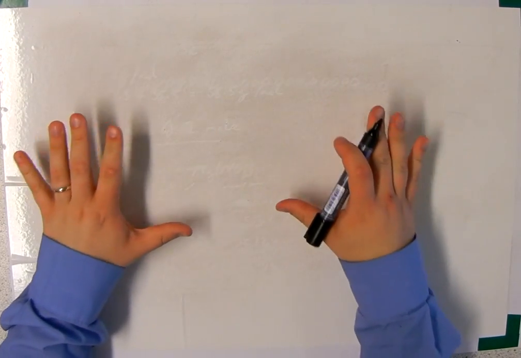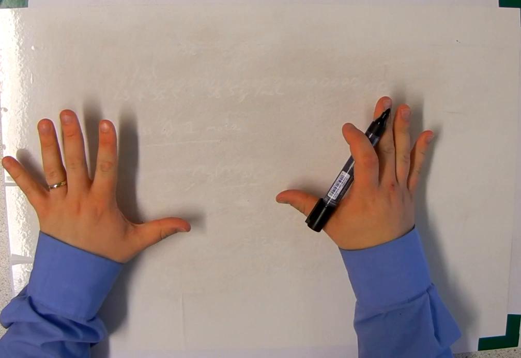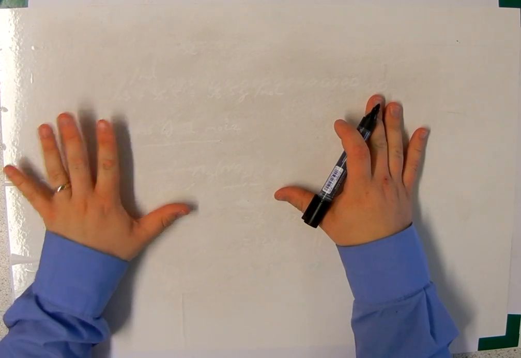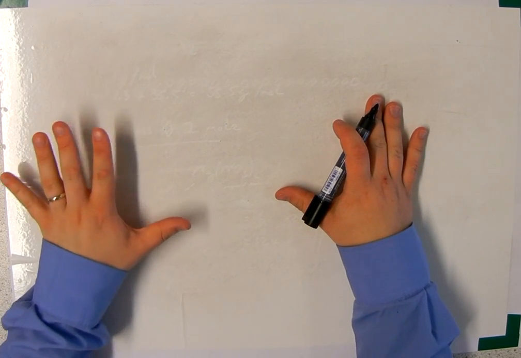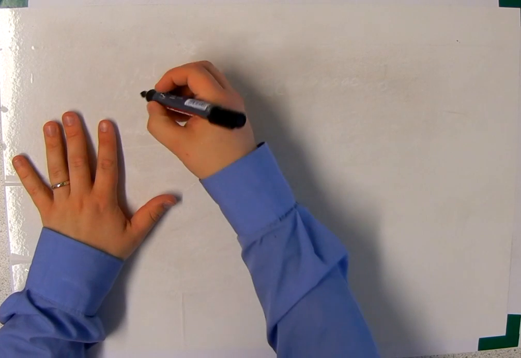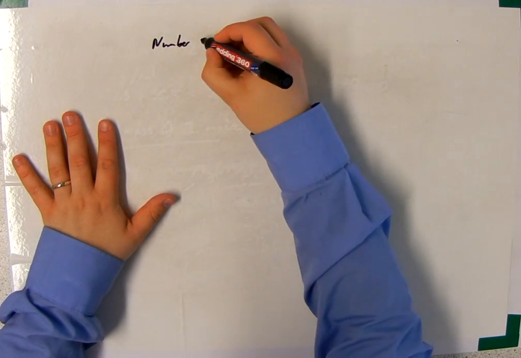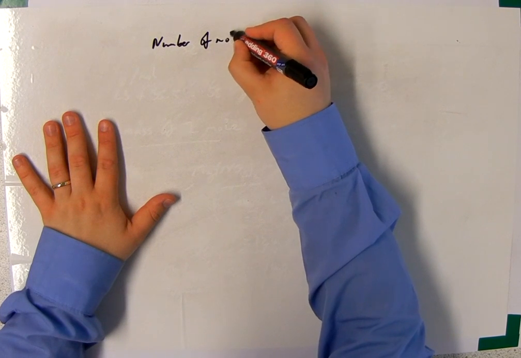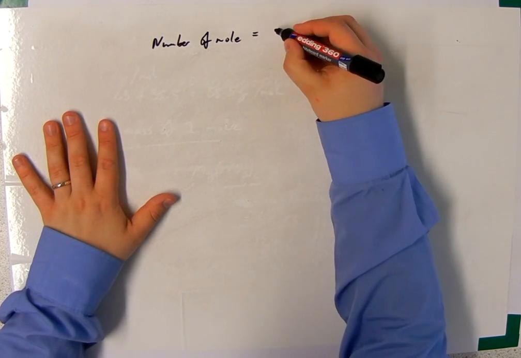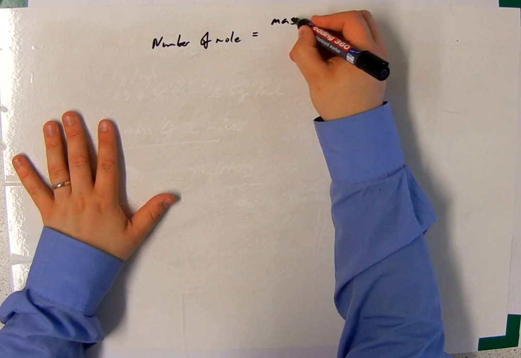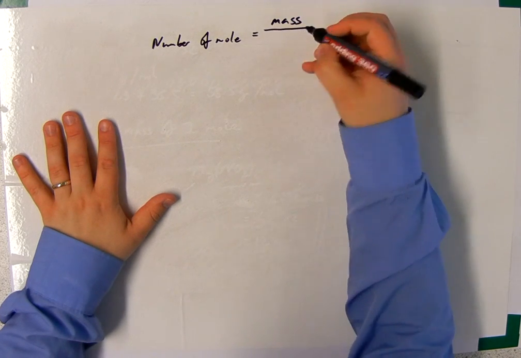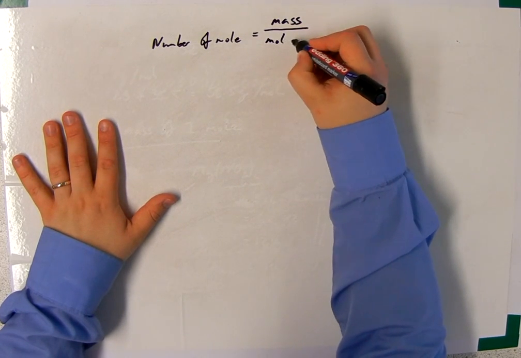And then we have our molar equation, the first one we need to know. You'll need to memorize this because it's not in the exam paper. The number of moles we have is the mass of the thing we have divided by its molar mass.